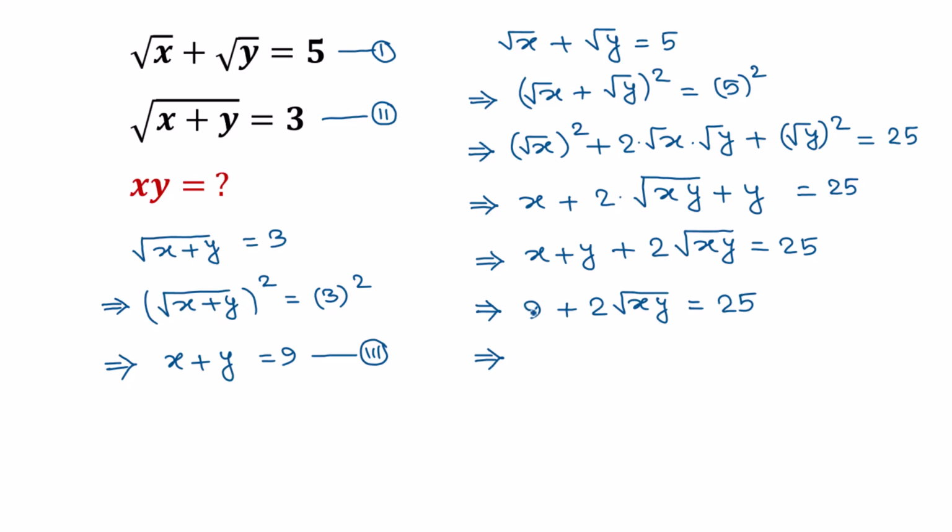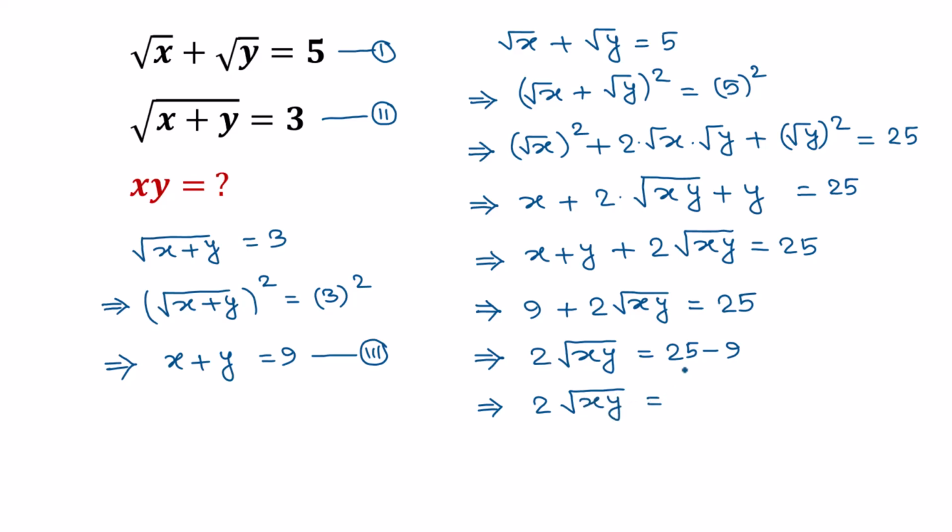Taking this 9 to the right side, we will get the left side 2 times square root of xy is equal to 25 minus 9.